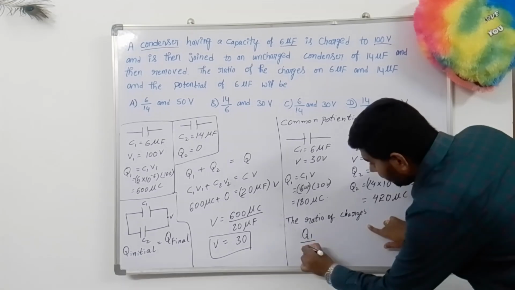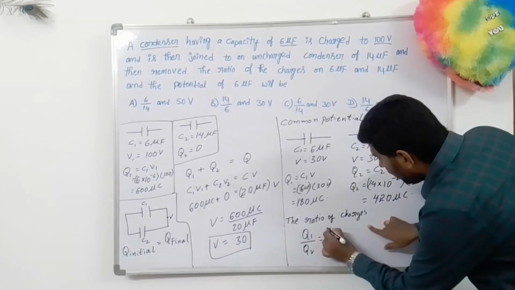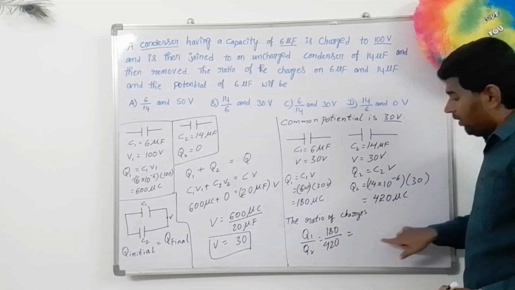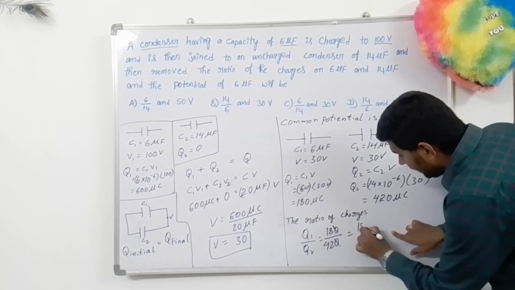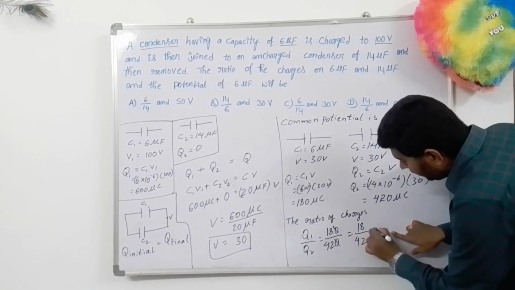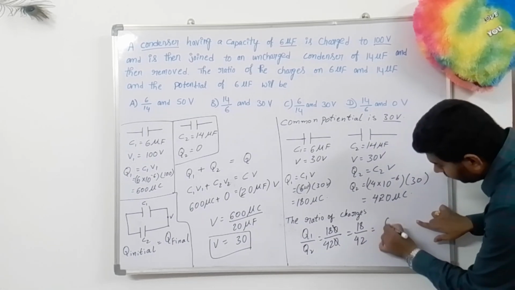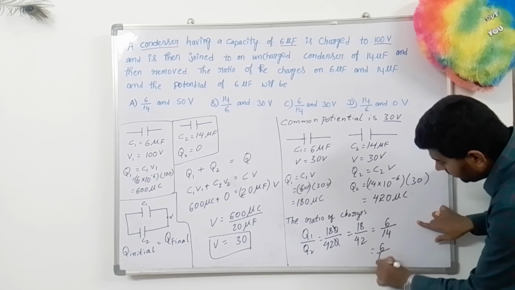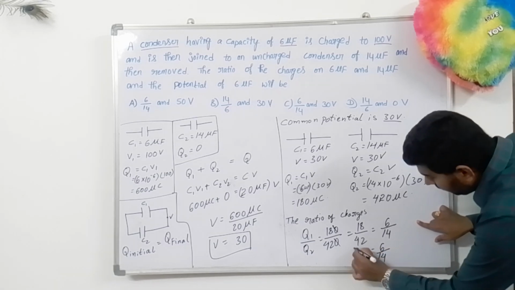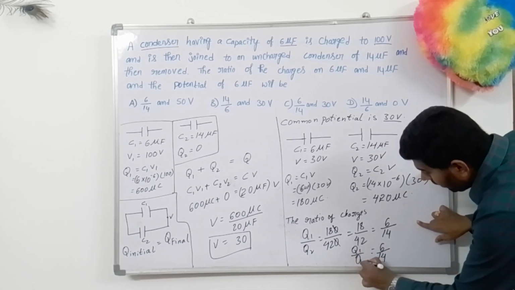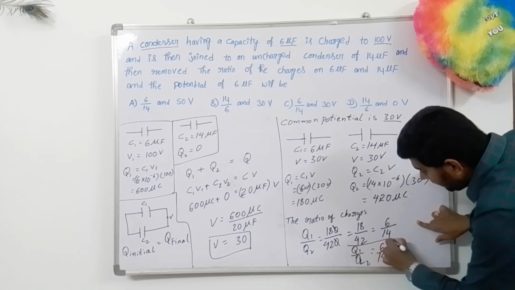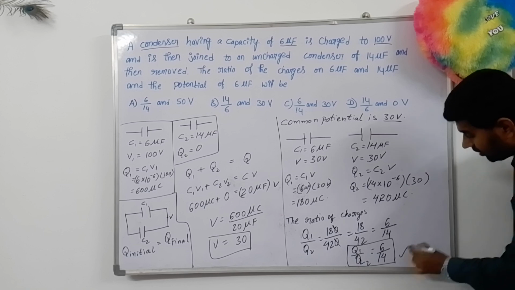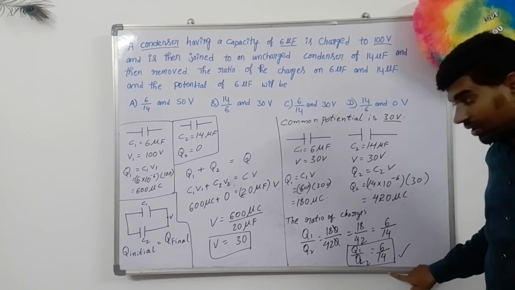Q1 by Q2, 180 by 420. If you cancel, it will become 18 by 42. See, 3 6 14 now. The ratio of the charges becomes 6 by 14, nothing but Q1 by Q2 is equal to 6 by 14.